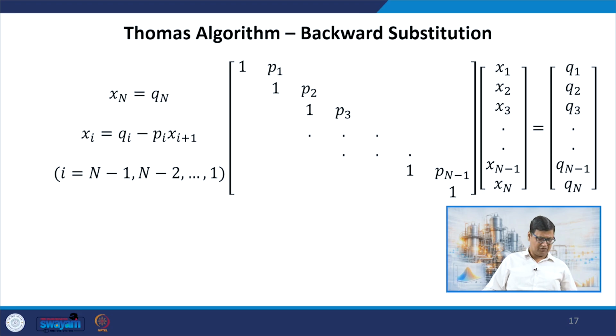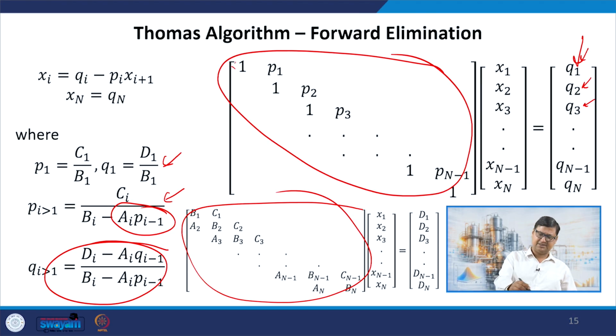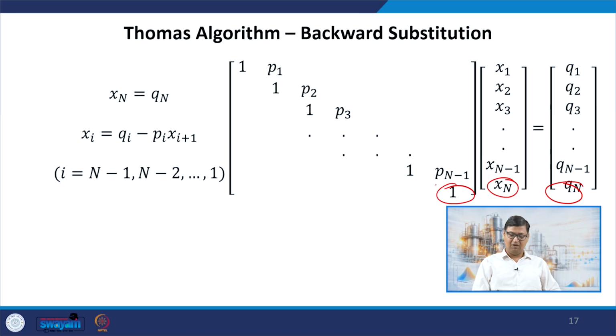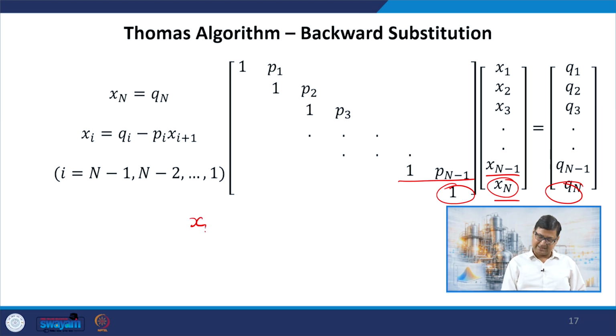So what I have done so far, I have gotten rid of this lower diagonal, and now I can get rid of this upper diagonal by basically going backward. So I start from the last equation, that gives me xn is equal to qn, and now I can go one step above, and for the second last, I will have something like this: xn minus 1 plus pn minus 1 xn is equal to qn minus 1.